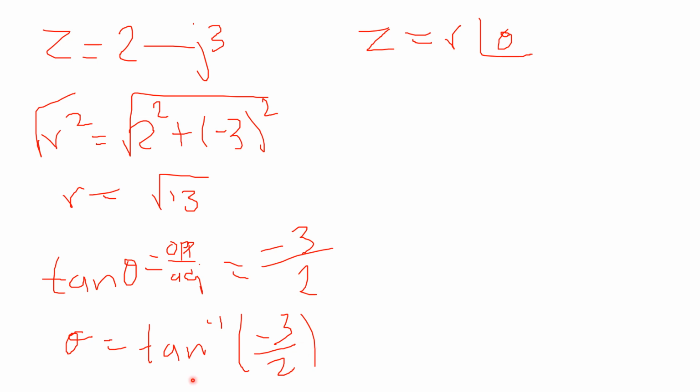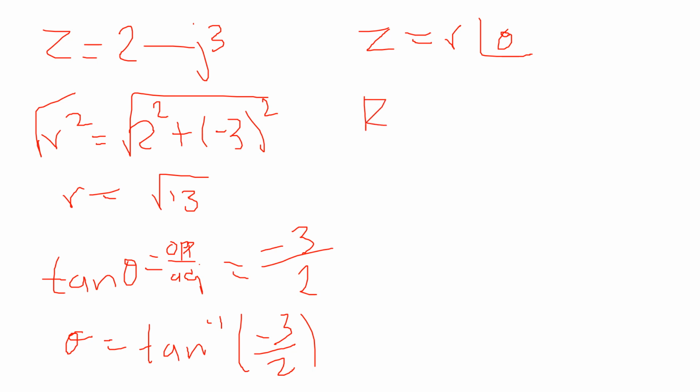So if ever you have let's say now your number inside your tangent is negative. So what you are looking for, you will first look for the reference angle. So the answer that you get here will be your reference angle.